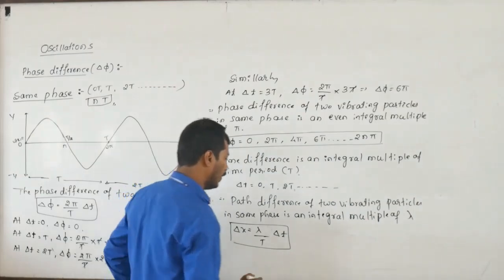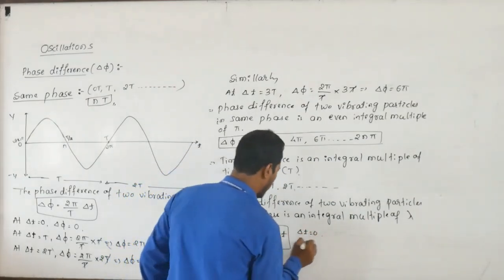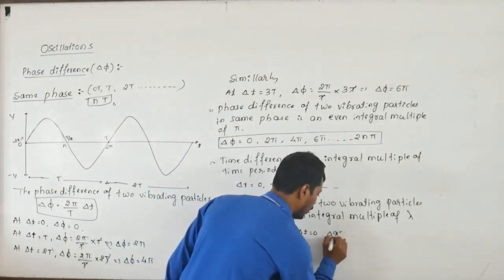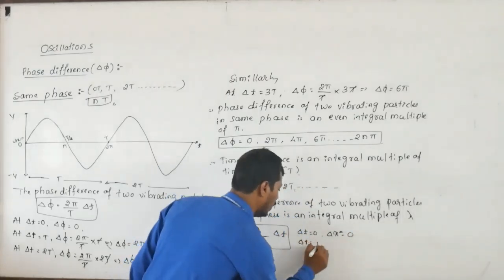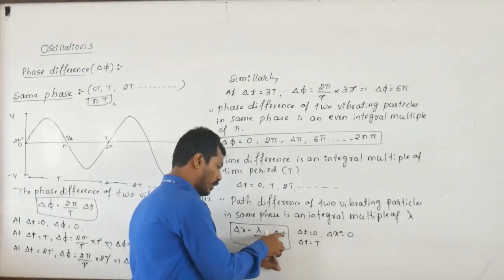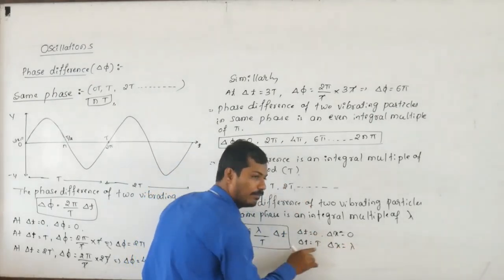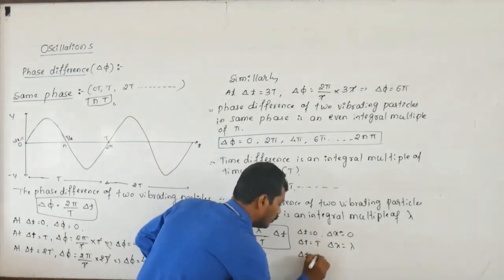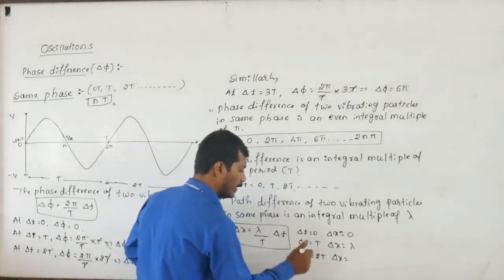How can we calculate here? If delta t is equal to 0, then delta x is 0. If delta t is equal to T, T gets cancelled, delta x is lambda, 1 time. Then delta t is equal to 2T, delta x is 2 lambda.